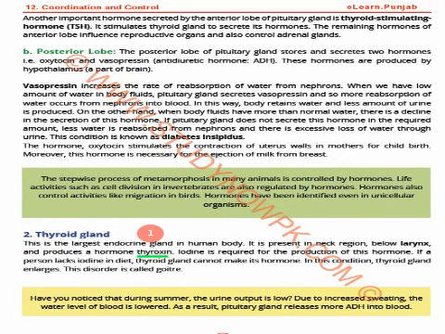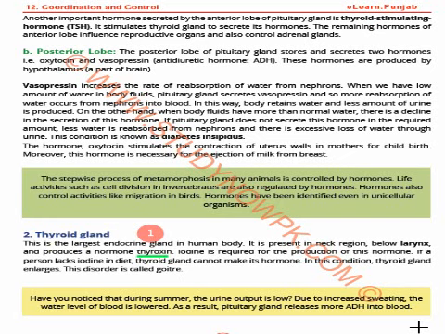Iodine is required for the production of this hormone. If there is no iodine in the diet, the thyroid gland cannot make its hormone. In this condition, the thyroid gland enlarges, and this disorder is called goiter.